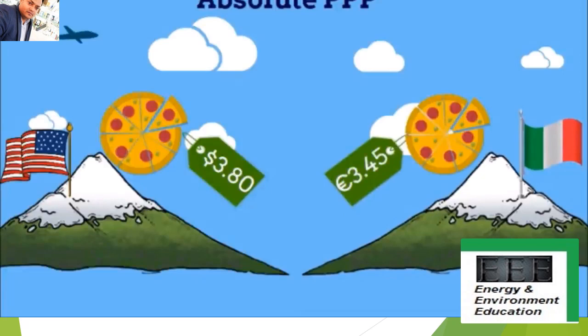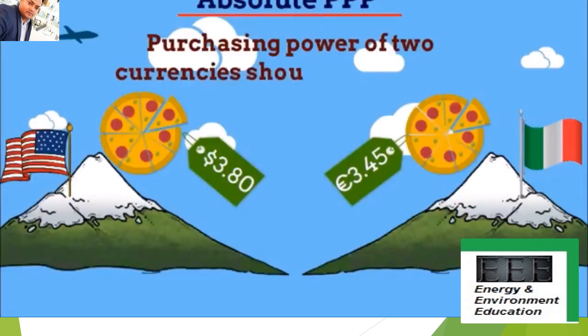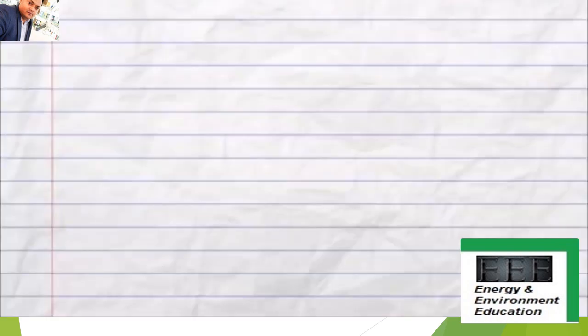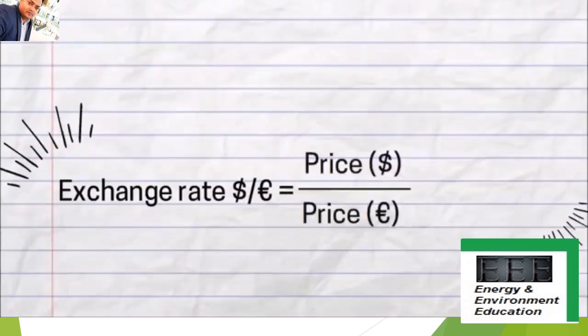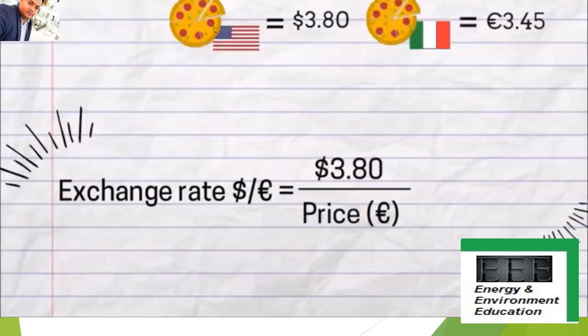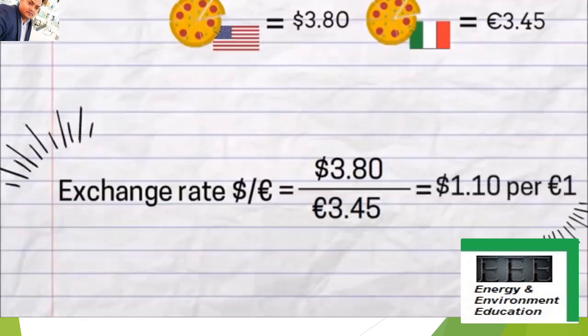Then, according to the law of one price, also known as absolute PPP, the purchasing power of two currencies should be the same. Hence, the exchange rate should be a matter of finding the ratio of the two prices. Thus, if we divide the price of the pizza in the US by the price of the pizza in Italy, we get the exchange rate for US dollars and euros. This means that each euro is equal to $1.10.